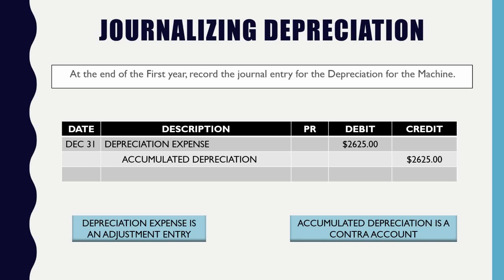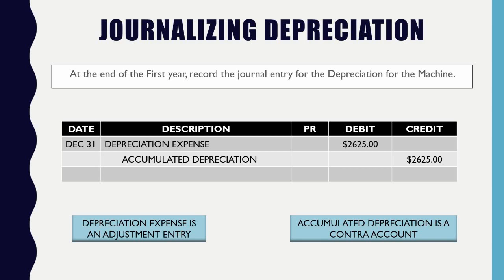Whichever makes it easier for you, because when you depreciate every single month, it's going to accumulate to the same amount you would get for the year. But usually this is an adjustment that you typically would do at the end of the given accounting period. So that's why it's called an adjustment entry.